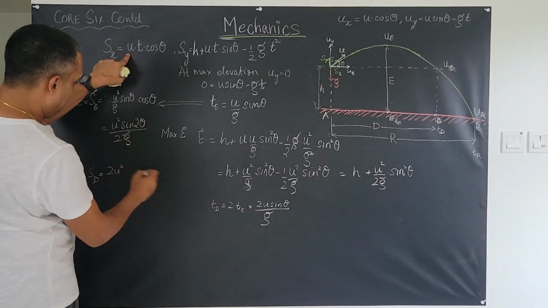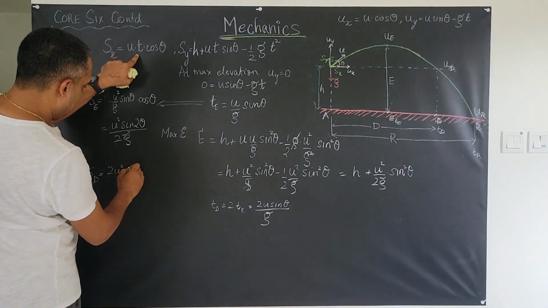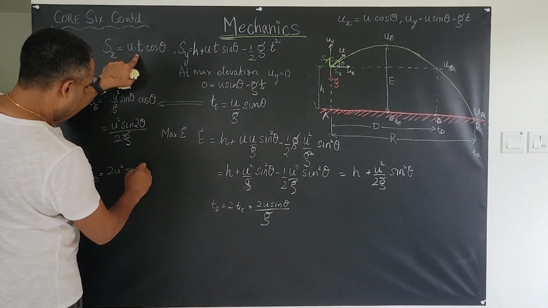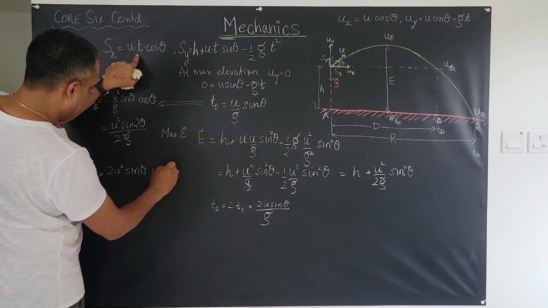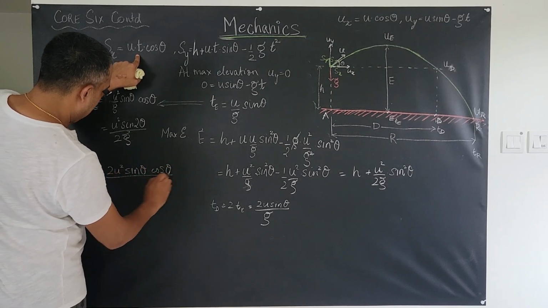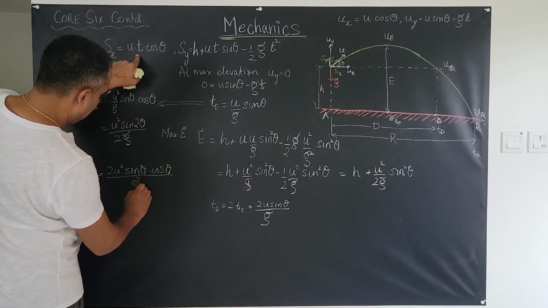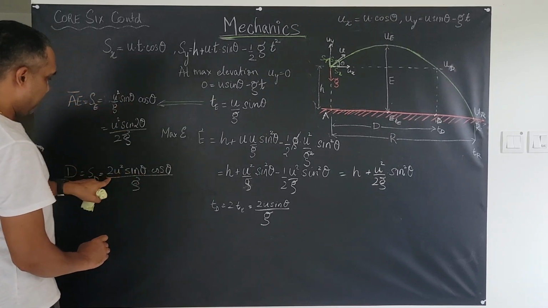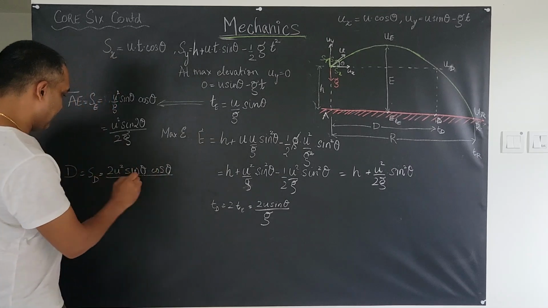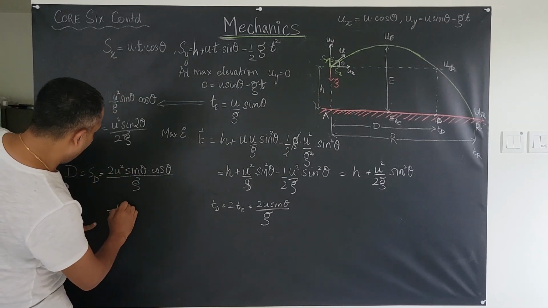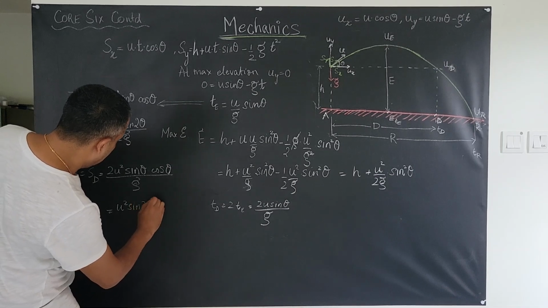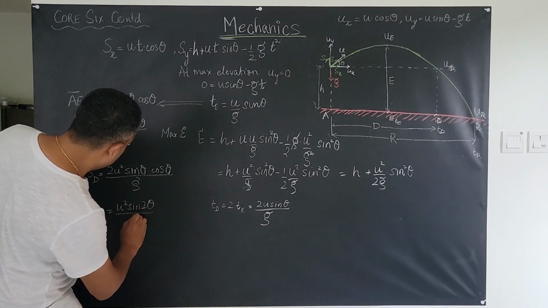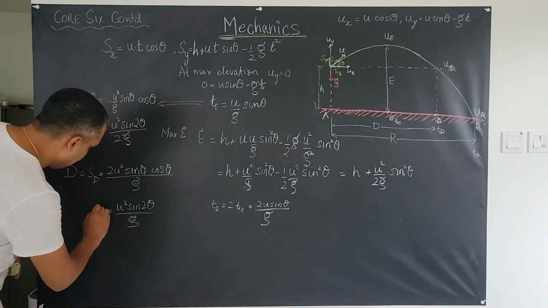U from here and 2U, T, sine theta cos theta, by G. 2 sine theta cos theta is just sine 2 theta, so it's equal to just U squared sine 2 theta by G is D.